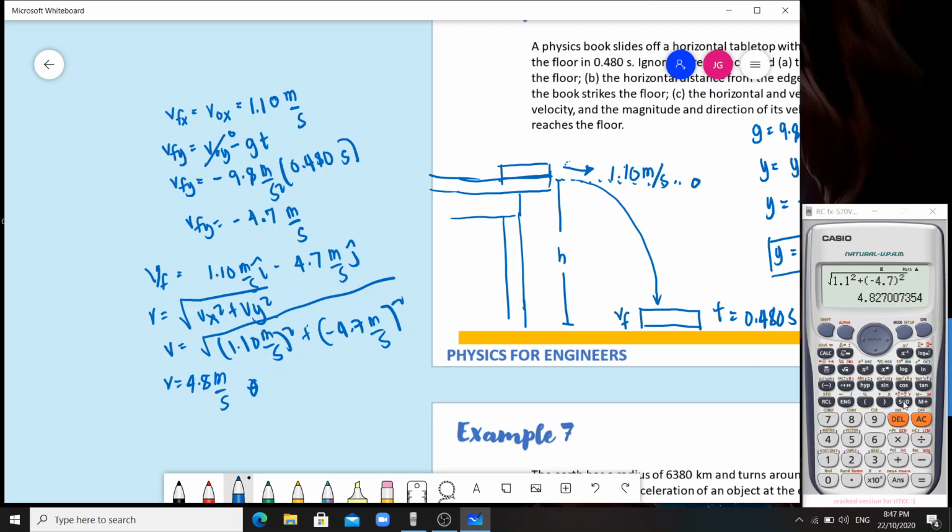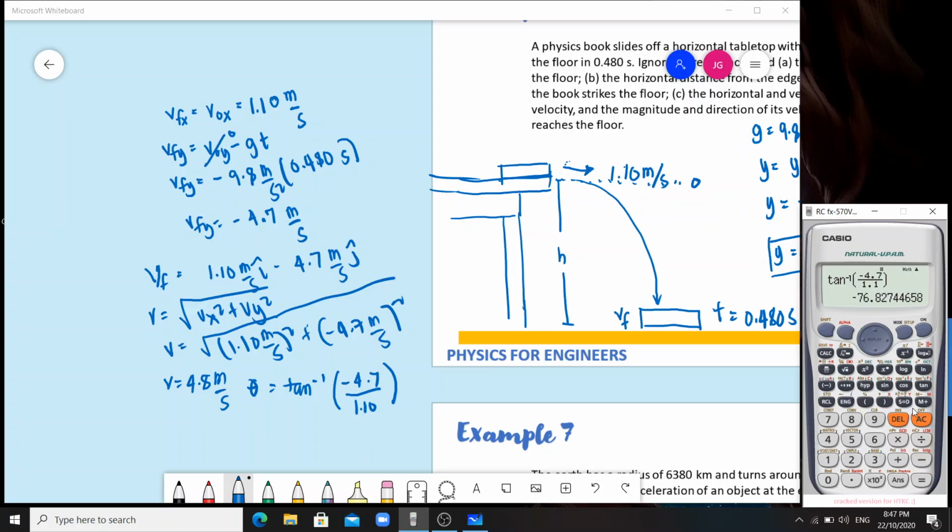Now let's get the direction. The direction would be negative 4.7 over 1.10. Ayan.